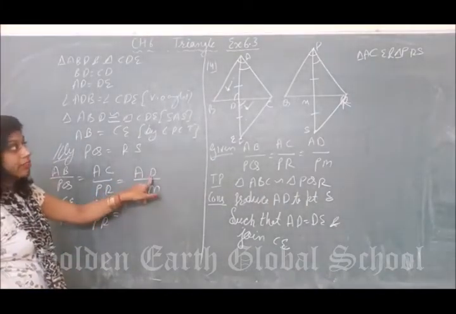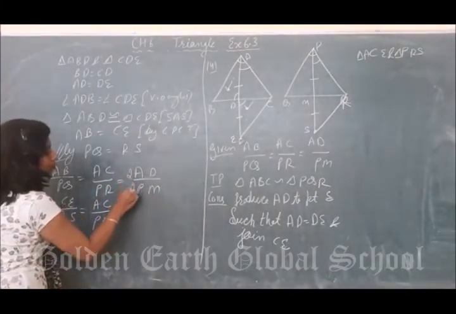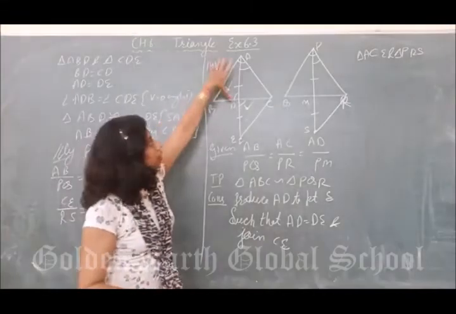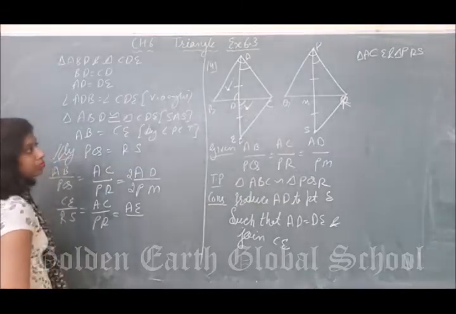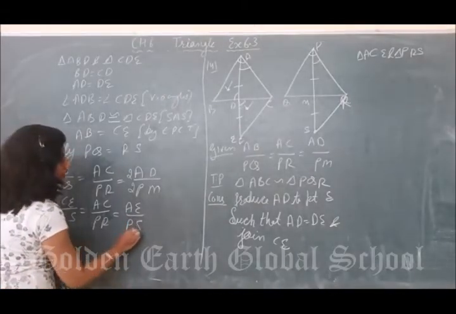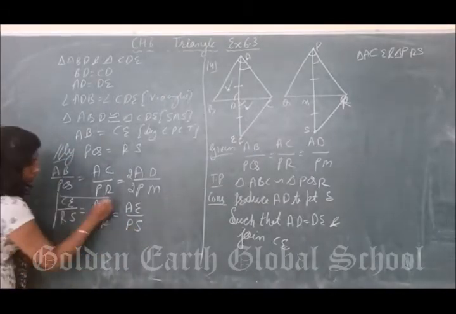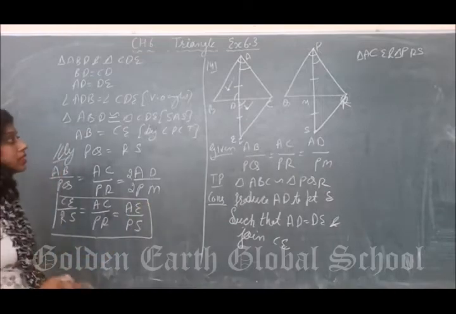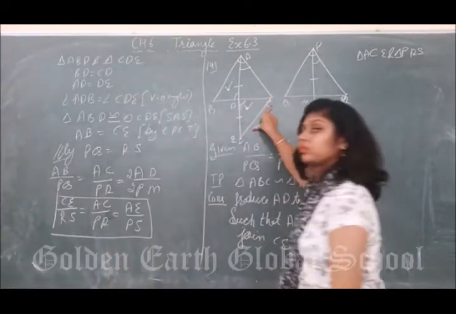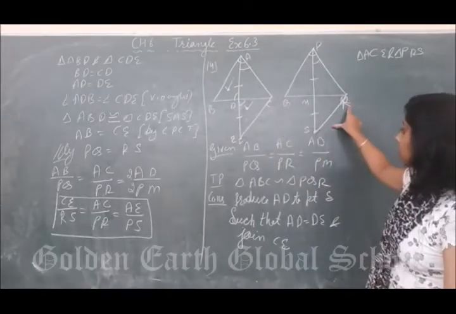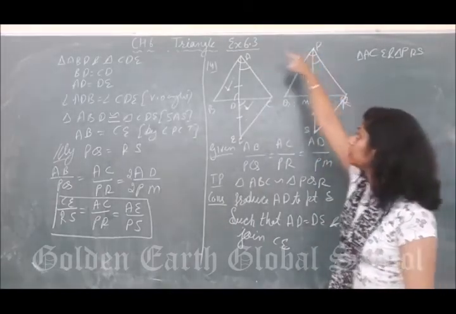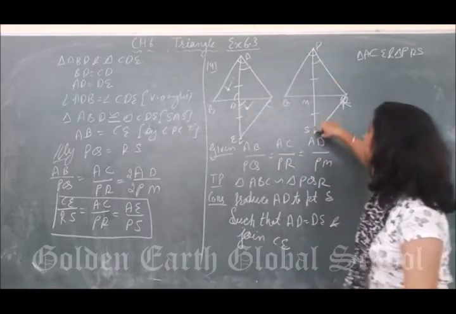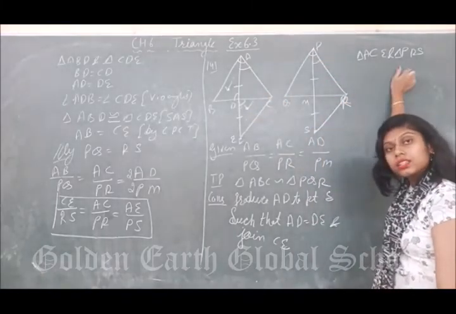This AD, if you multiply it by 2, double of AD, you can write AE, double of PM, you can write PS. So see this: CE upon RS, AC upon PR, AE upon PS.